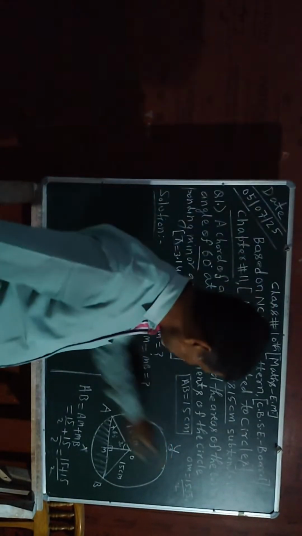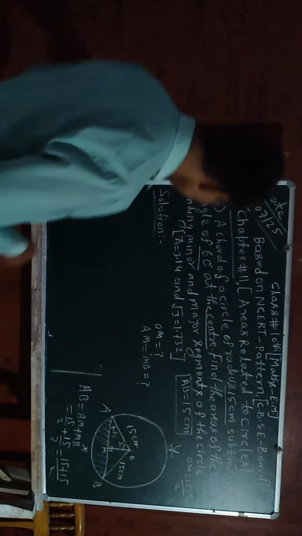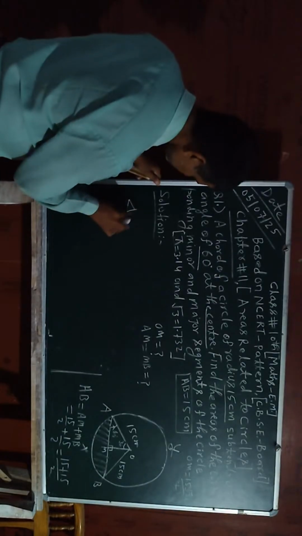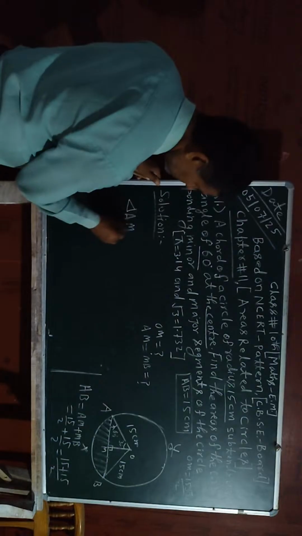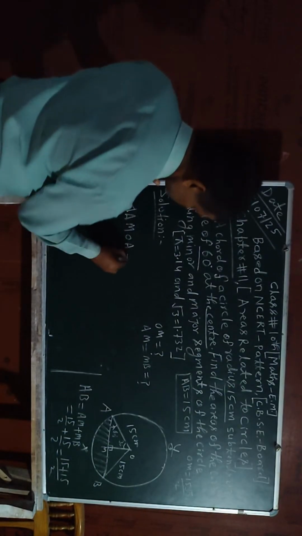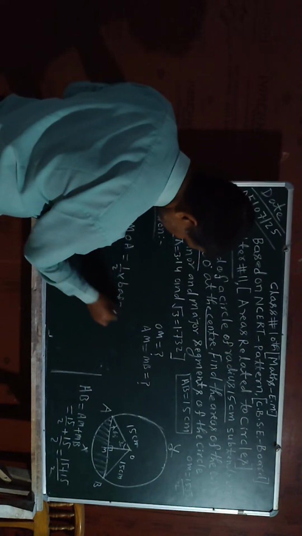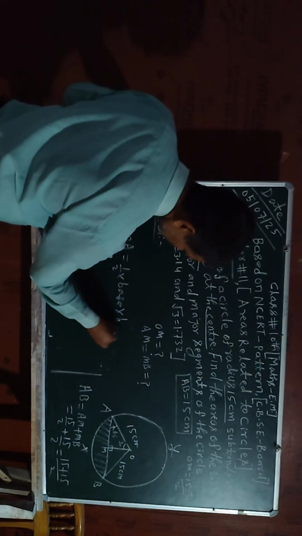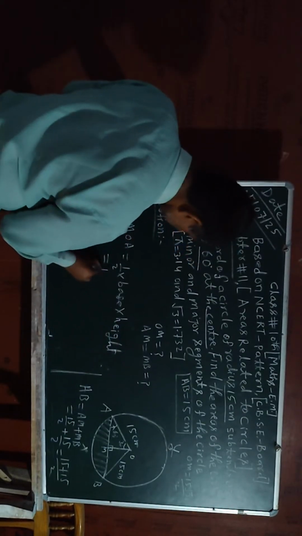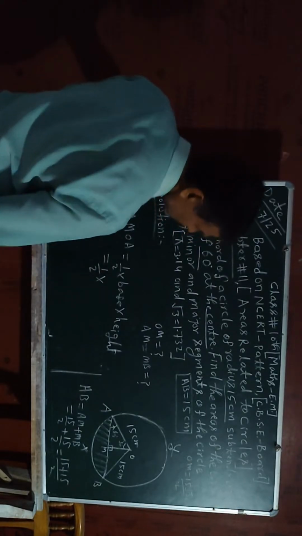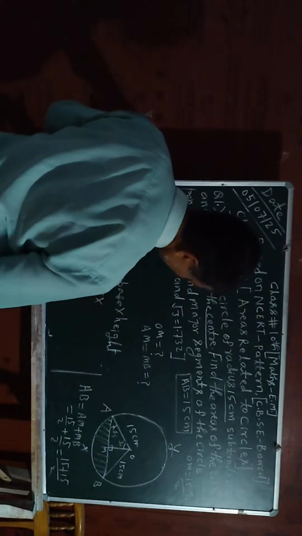Area of the triangle OAB, which is equal to 1 by 2 base into height. So I write 1 by 2 base, base is AB. The length of AB is 15 centimeter and height is OM.